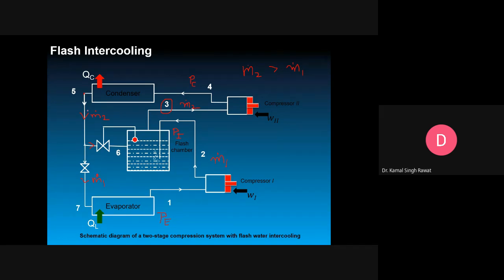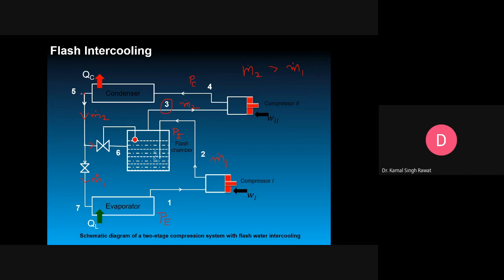So there are two processes: 5 to 6, with the mass flow rate of m dot 2 minus m dot 1, and the other process 5 to 7, with the mass flow rate of m dot 1. In process 5 to 6, there is an isenthalpic expansion and the liquid and vapor are separated.